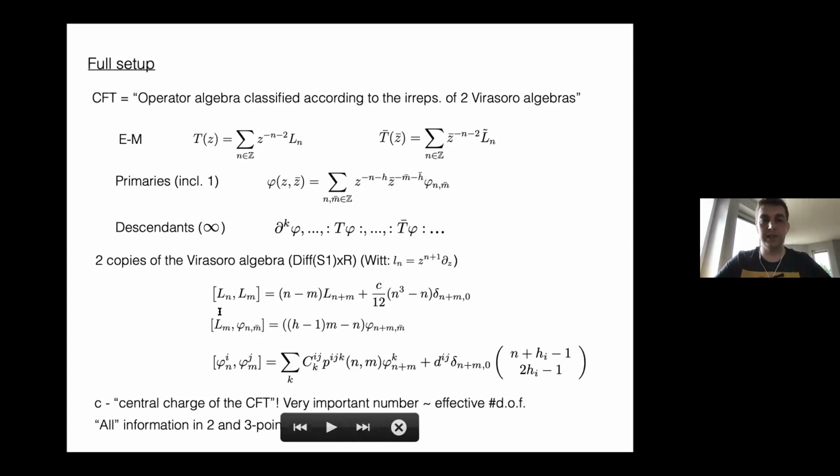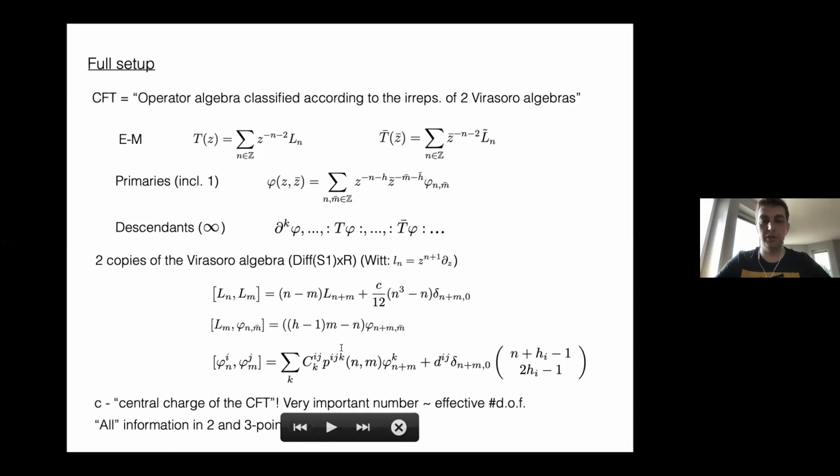So actually, the full setup that we are interested in when we talk about complexity in CFTs is two copies of the diffeomorphisms times R, which is the Virasoro algebra, as well as commutation relations between these L_n's and the modes of the fields that can be expanded also. And also the commutators between the modes themselves that can be expressed formally in this way.